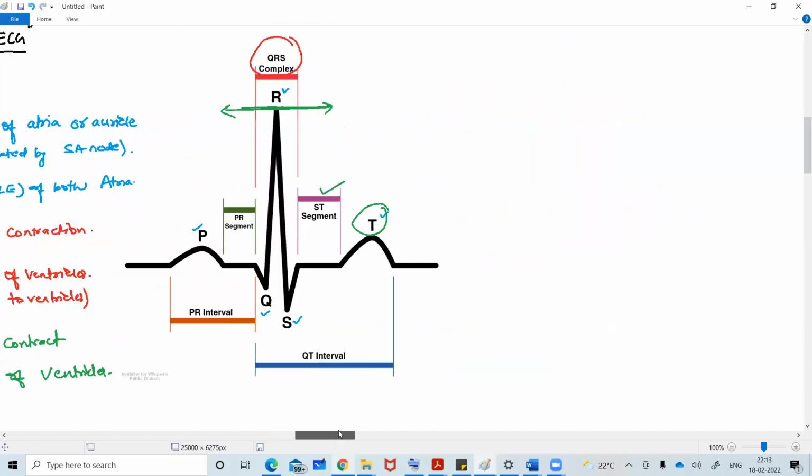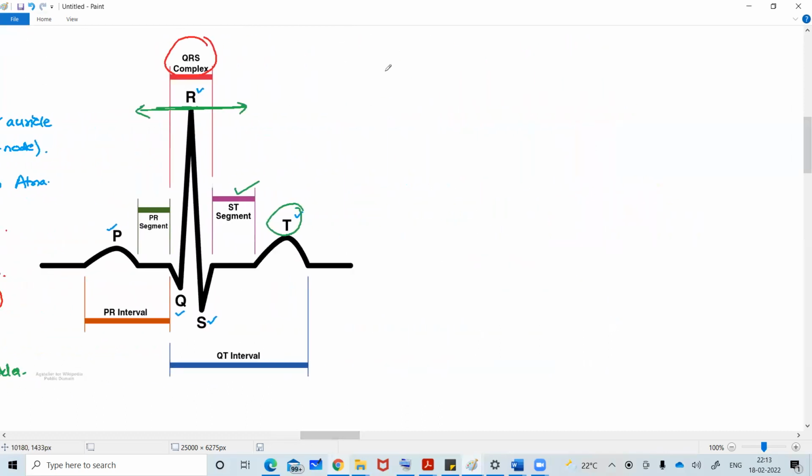Right? And now let's talk about what PRT is. What is PRT separately? All these waves, the P wave, R wave, and T wave, are positive waves. Positive waves because they are on the top, right?